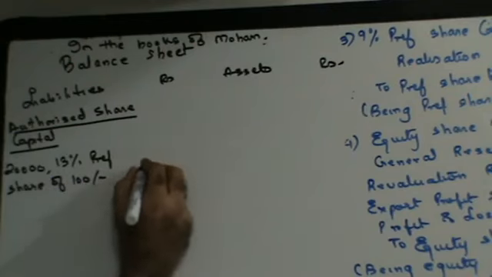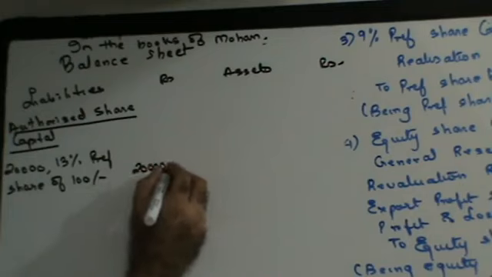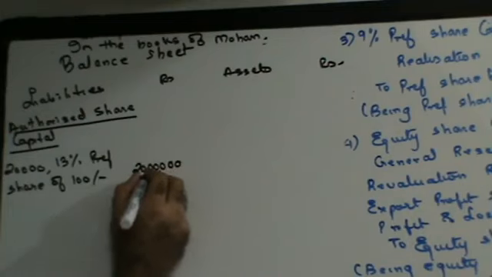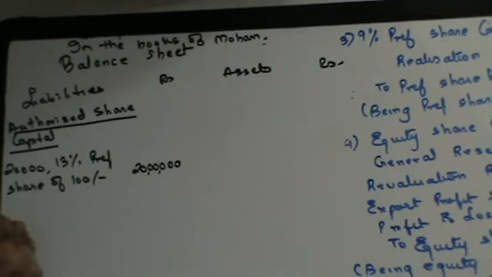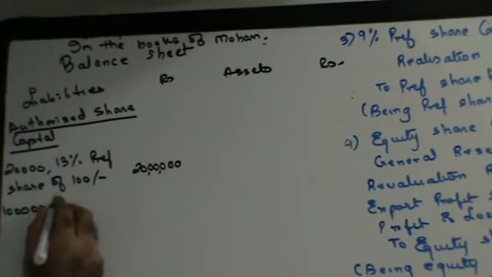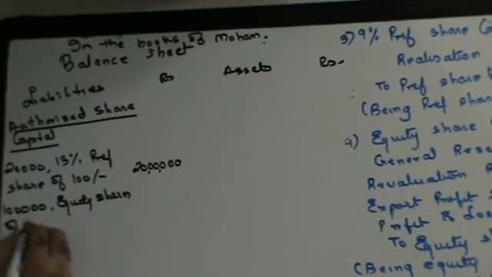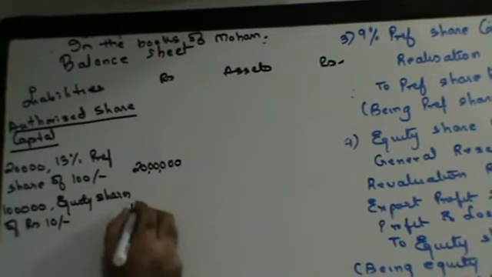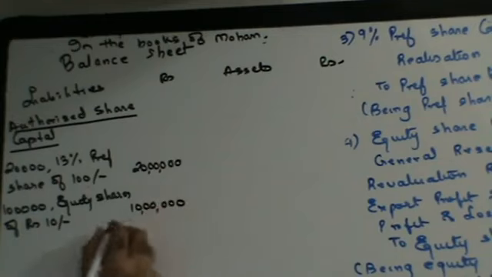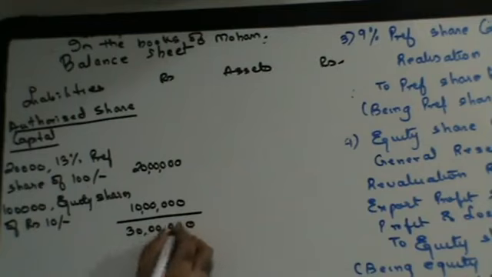So that is 20 lakhs. And 1 lakh equity shares of 10 each. That's 10 lakhs. This is 20 and 10, 30 lakhs. So my authorized share capital is 30 lakhs. Tally that and leave that aside.